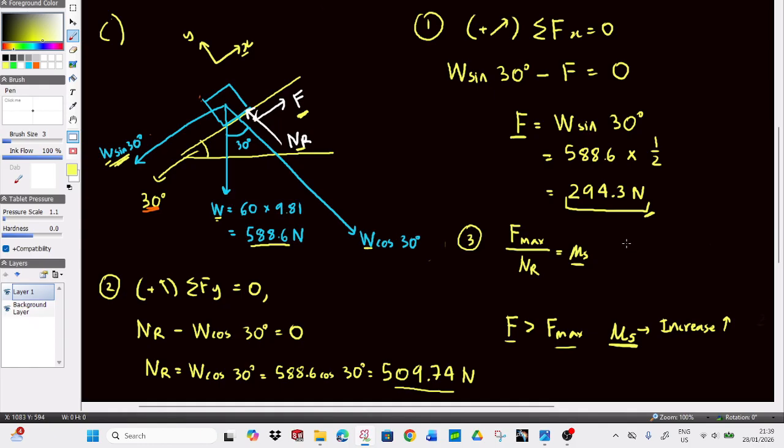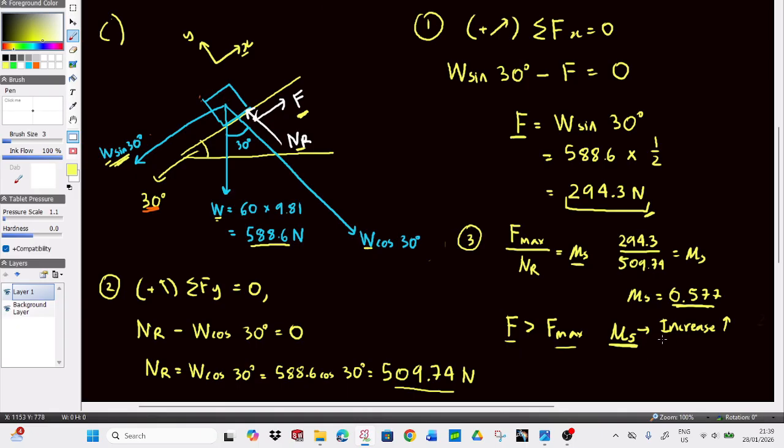So that means 294.3 over 509.74 equals our new μs. So our μs would be 294.3 over 509.74, which is 0.577. So if you have a μs of 0.577, then the crate is very likely to stay in place.